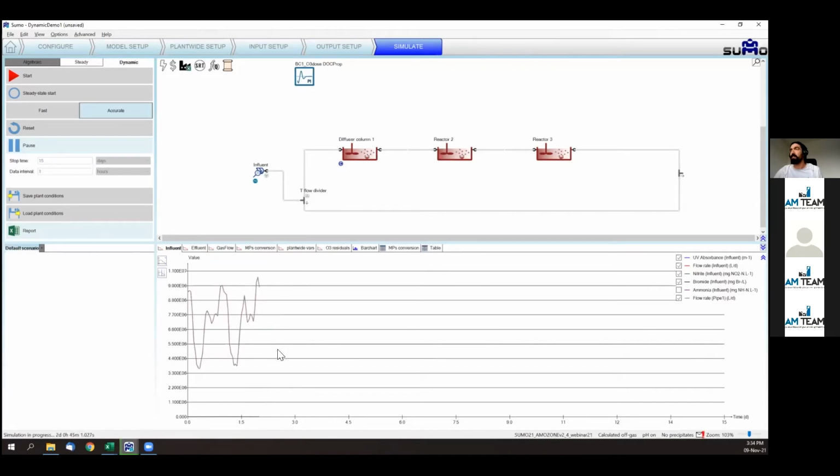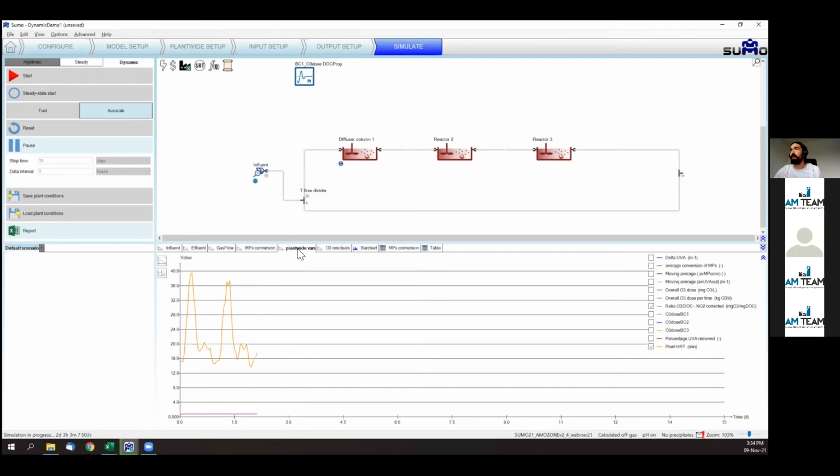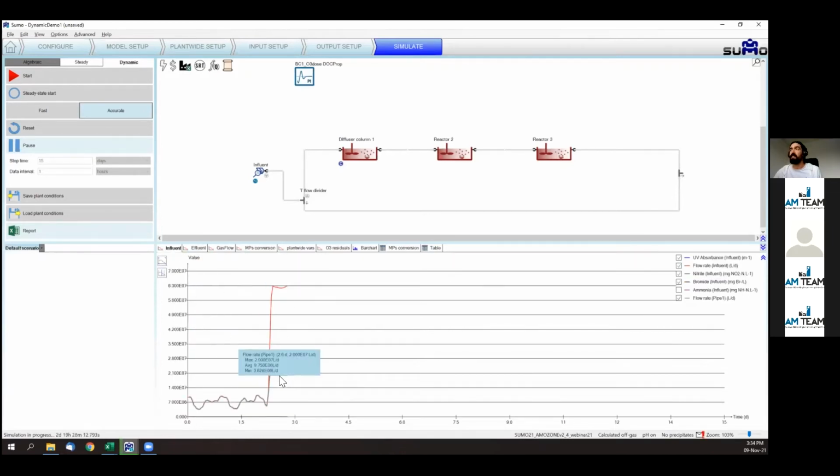We are passing through day 2, and now we can check the HRT of our installation, which is rather high. It's 37 minutes in total, almost 40 minutes. And now the rain event is hitting our installation. So a maximum of 2000 cubes is passing through the plant.